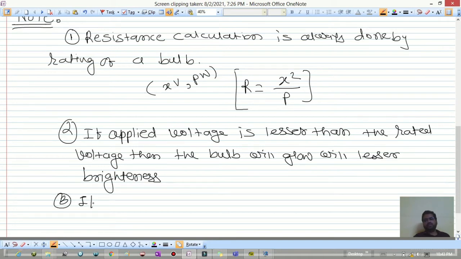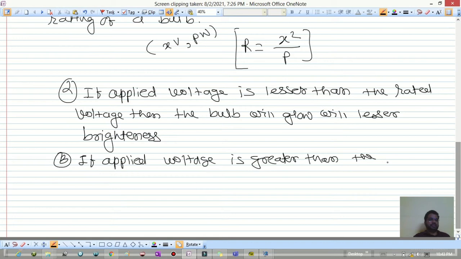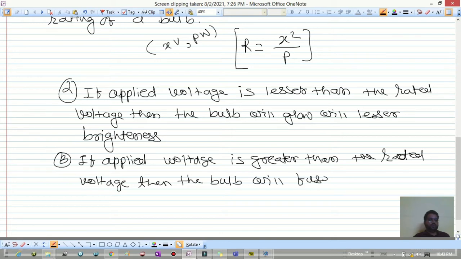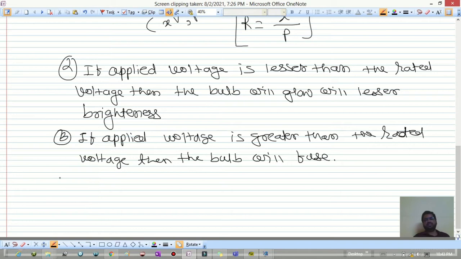Third one, if the applied voltage is greater than the rated voltage, right, then the bulb will fuse, damage we can say.